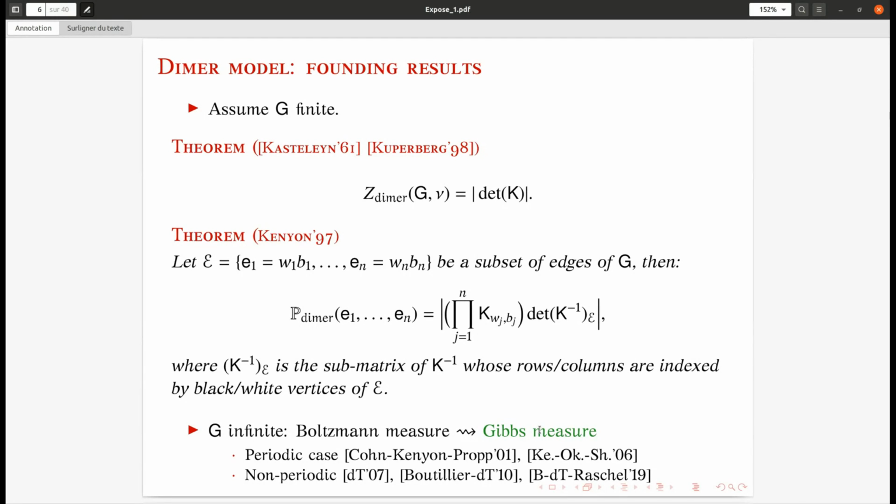Okay, and so I will tell a bit more about this, but for the dimer model, when the graph is periodic and bipartite, you have a two-parameter family of Gibbs measures with a phase diagram which is completely known. So I will tell more about this. Okay, so that's also one of the features of this model, that you can do everything explicitly and you have a completely explicit phase diagram. Does that answer your question? Thank you, yes. Okay.